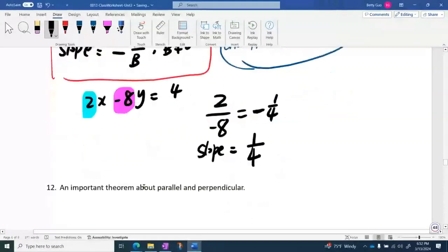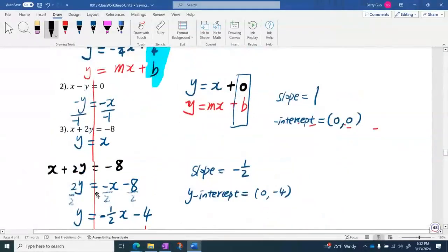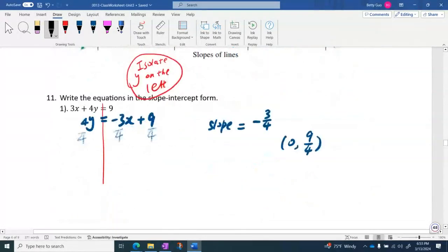Through this example 11, we learn two things. The first thing: how do we convert an equation to slope-intercept form?